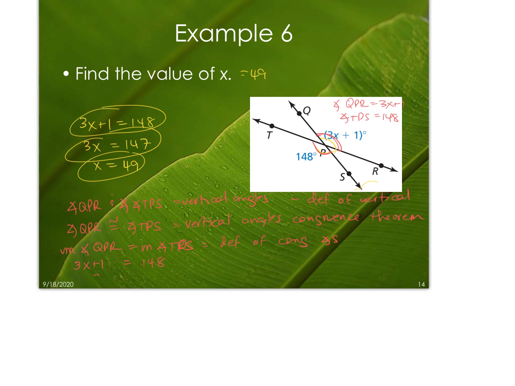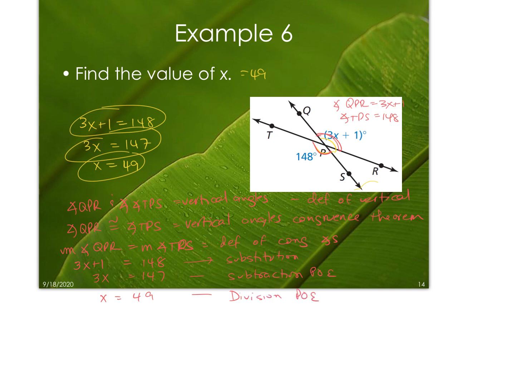Then I'm going to subtract 1 from both sides, leaving me with 147. Well, guess what? That's the subtraction property of equality. This one up here would have been substitution. And then here I would have gotten x is 49, and that would have been the division property of equality.